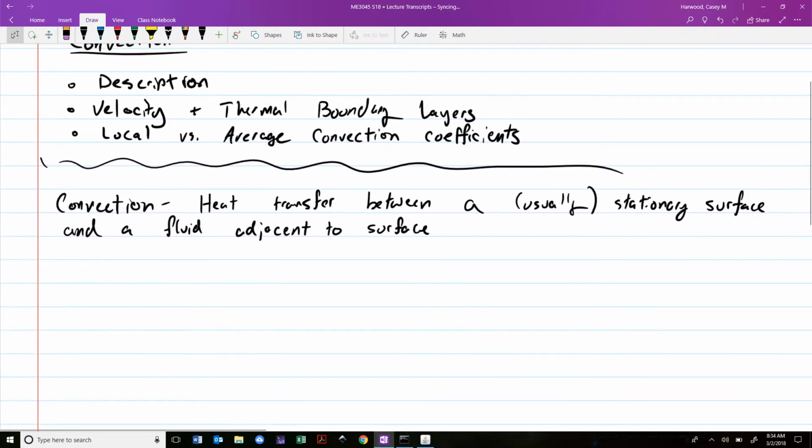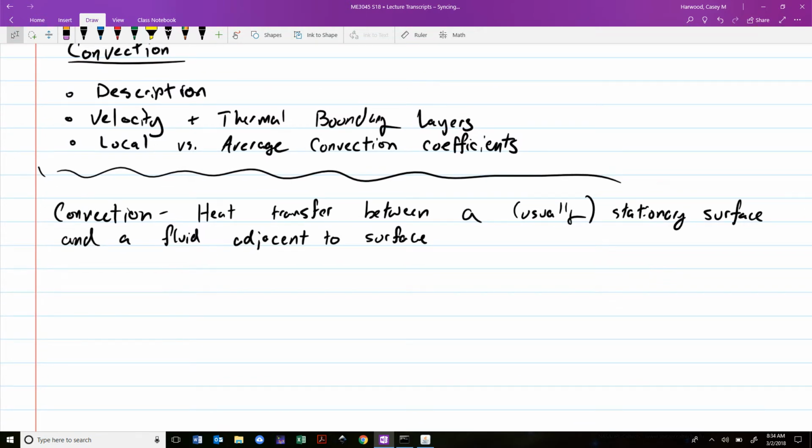And when we talk about convection, right, we're talking about the case where that surface is usually the boundary to some solid object. So you'll have a solid over here, and you'll have a fluid over here.